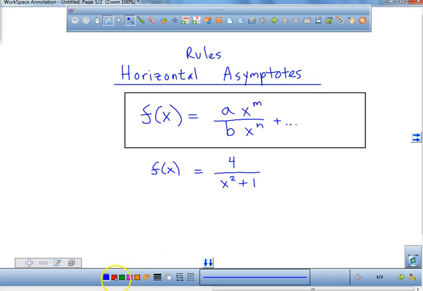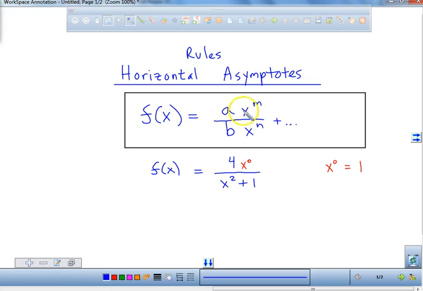Now, for your journal, put 4x to the 0. Because technically, the degree for this is actually x to the power of 0, because x to the 0 is just equal to the number 1.